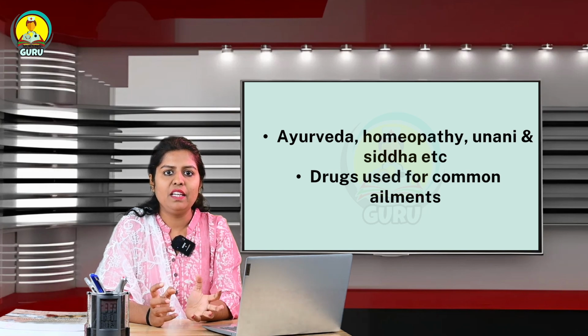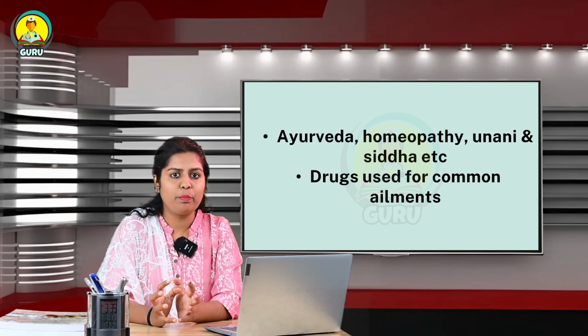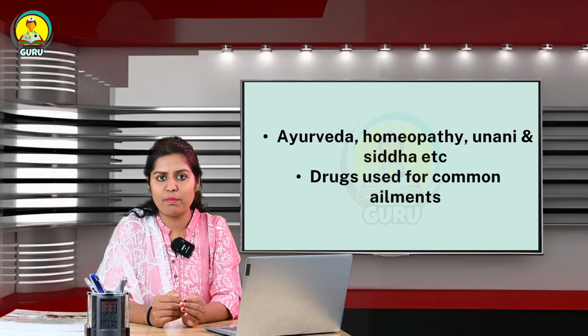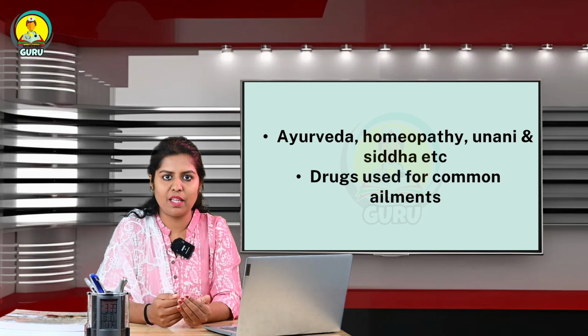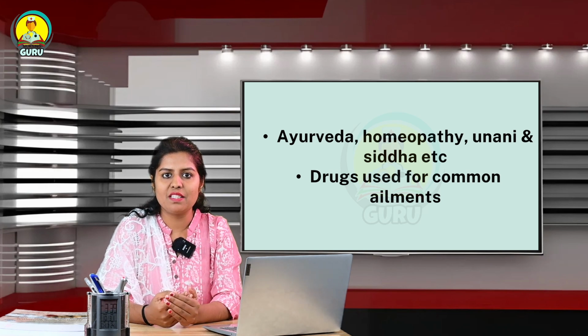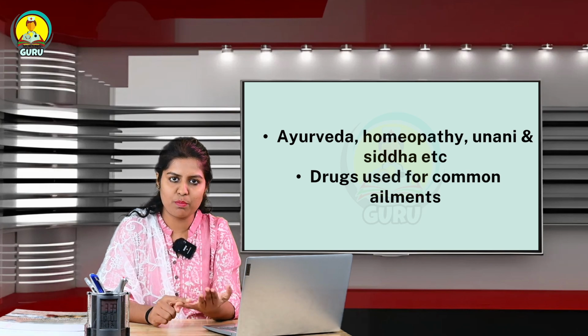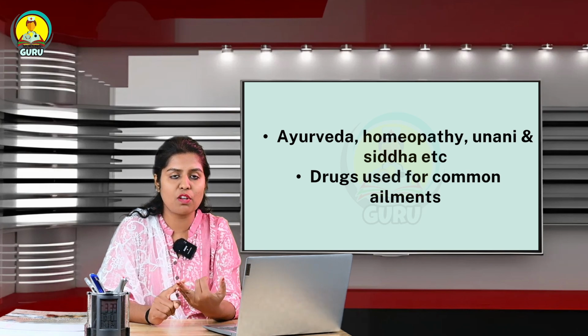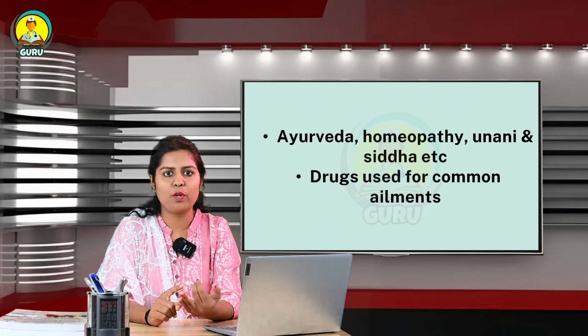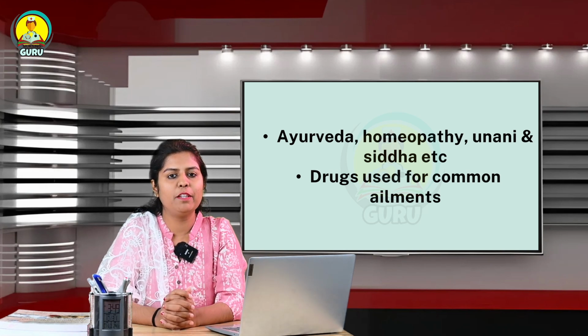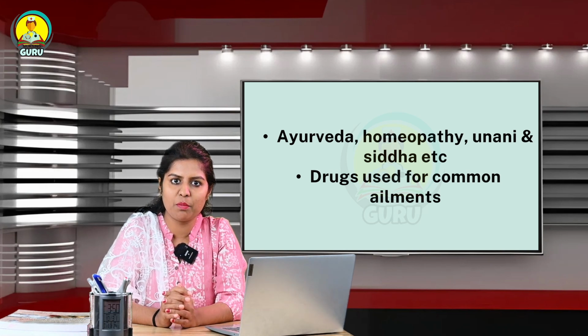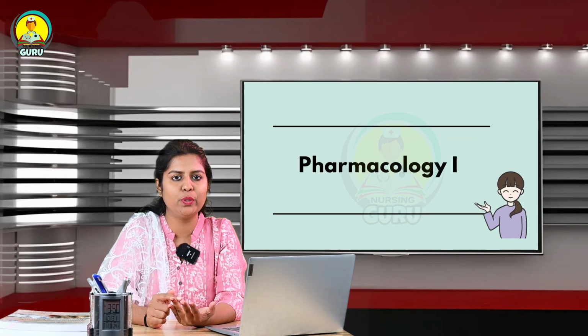Then legal and ethical issues related to prescribing, then principles of prescribing, steps of prescribing, prescribing competencies, these all are important. So mainly here you need to study the steps of prescribing and principles of prescribing. This is important. So hereby we have finished the discussion about pharmacology 1 and 2.